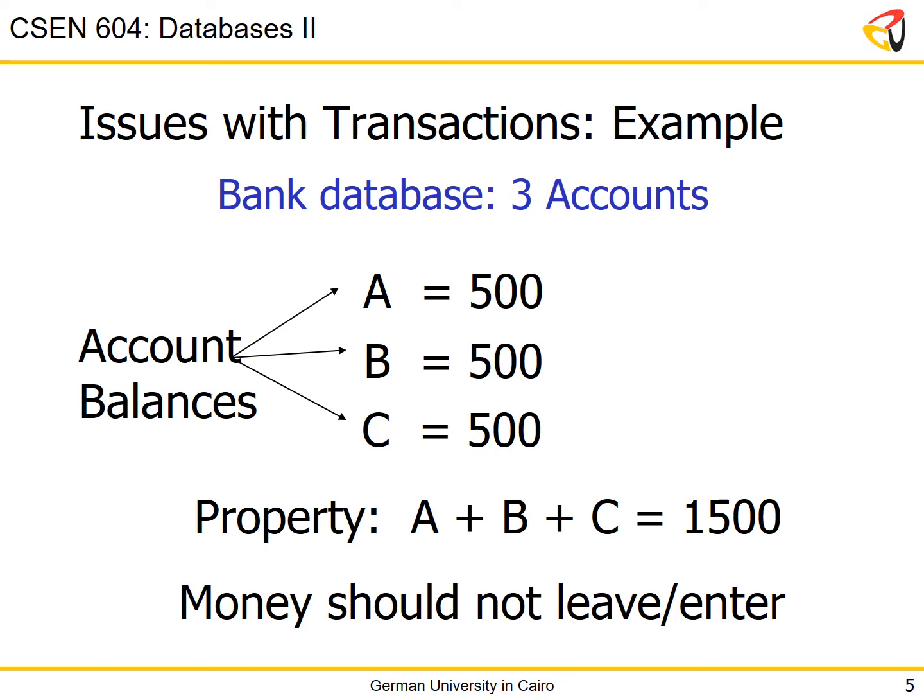Now, if the owner of these accounts decides to move money between those accounts, the sum should not change. If I take £100 from account A and add it to account C, account A will be 400 and account C will be 600. The total is still 1500.